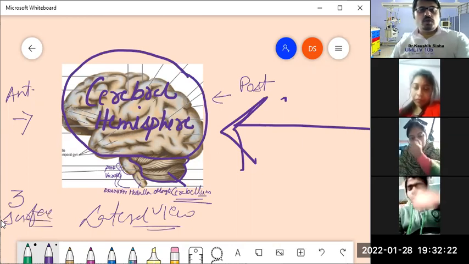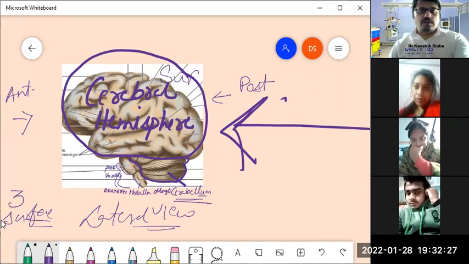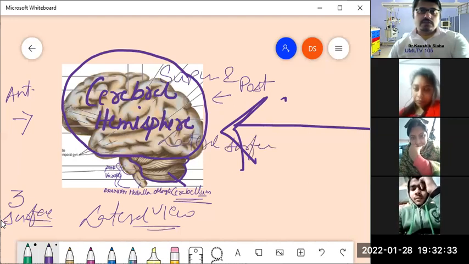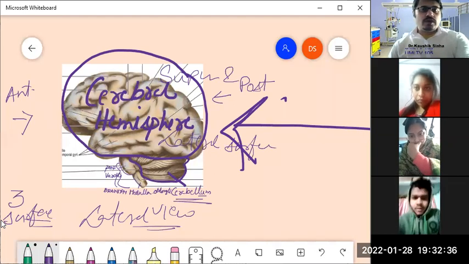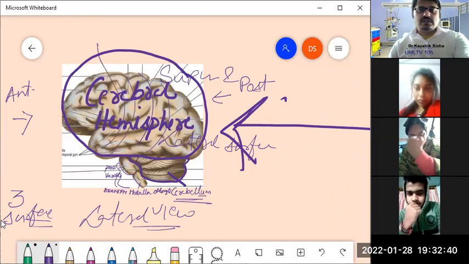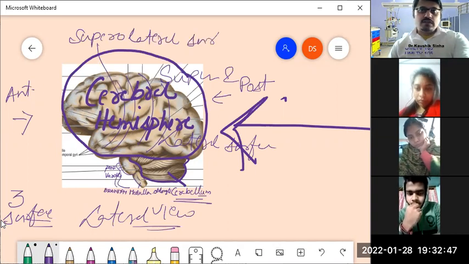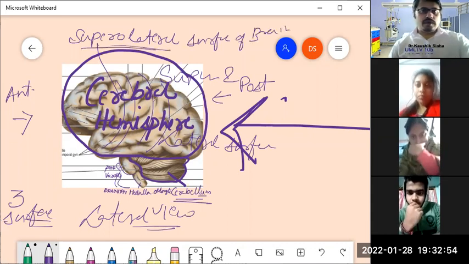What you are seeing is basically the superior and lateral surface. Or in one word, we can call this entire surface the superolateral surface of the brain. Did you understand what is superolateral?